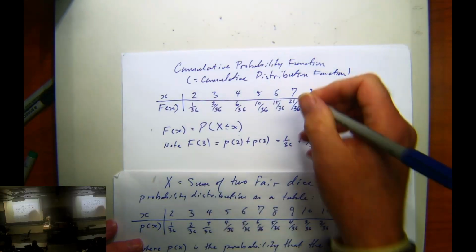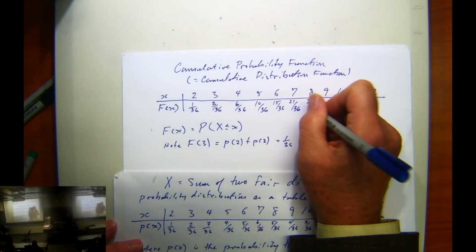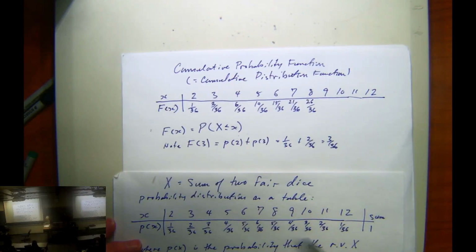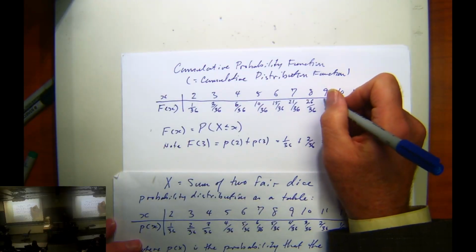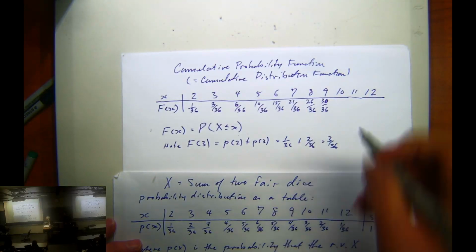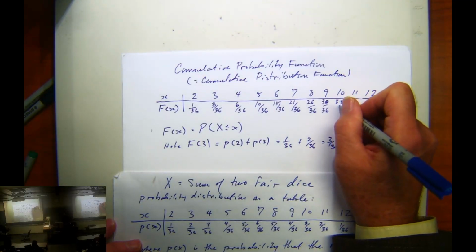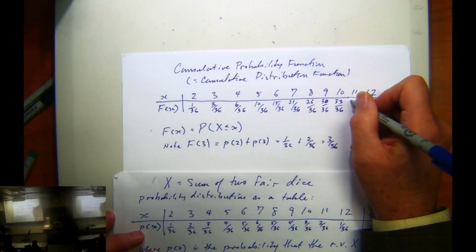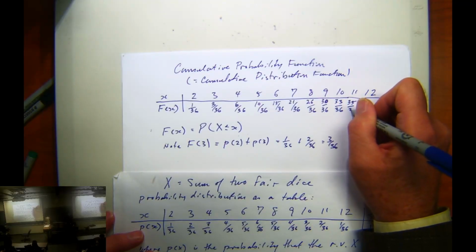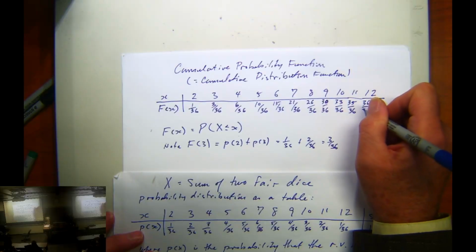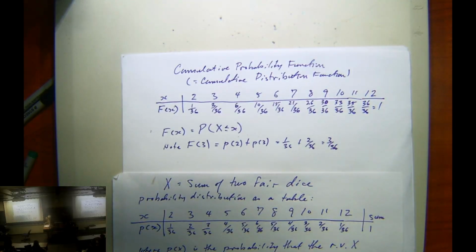For 8, we add another 5 out of 36. Keep an eye on my addition, things could go weird. 9, add 4 out of 36, that's 30 out of 36. 10 is 33 out of 36. 11, add another 2, 35 out of 36. And then 12, we've got to be up to 36 out of 36 equals 1.